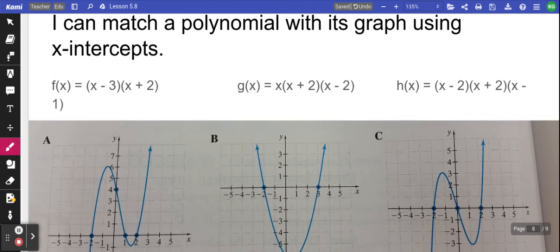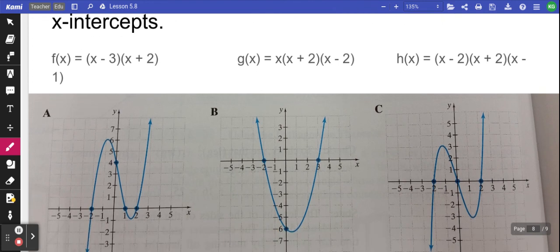Okay, and the last part is just going to be looking at graphs here and matching them to what they belong to.